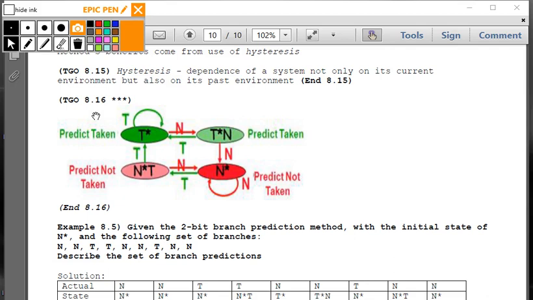It's going to be the one about snoopy buses. Example 8.2, yes. So you have 4 stages, and you should have some number of adders, and you have to tell me how many cycles it takes to perform the addition.